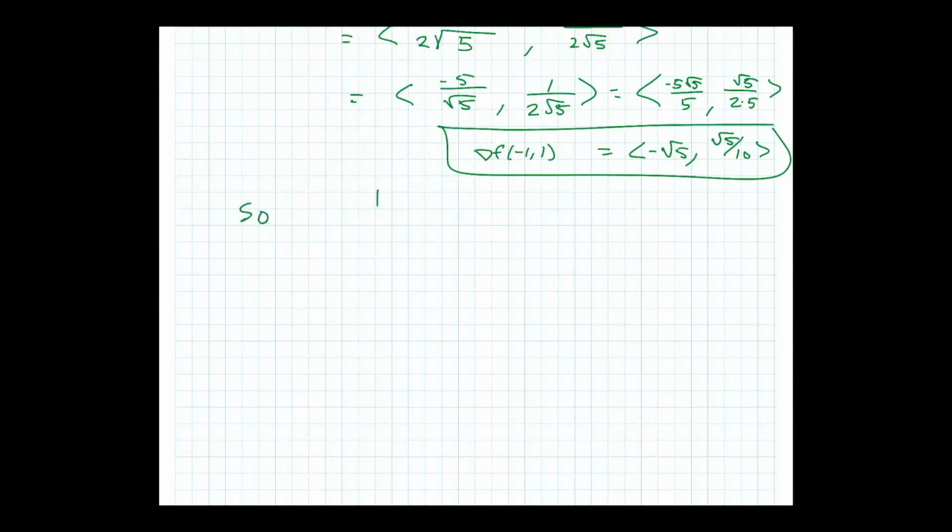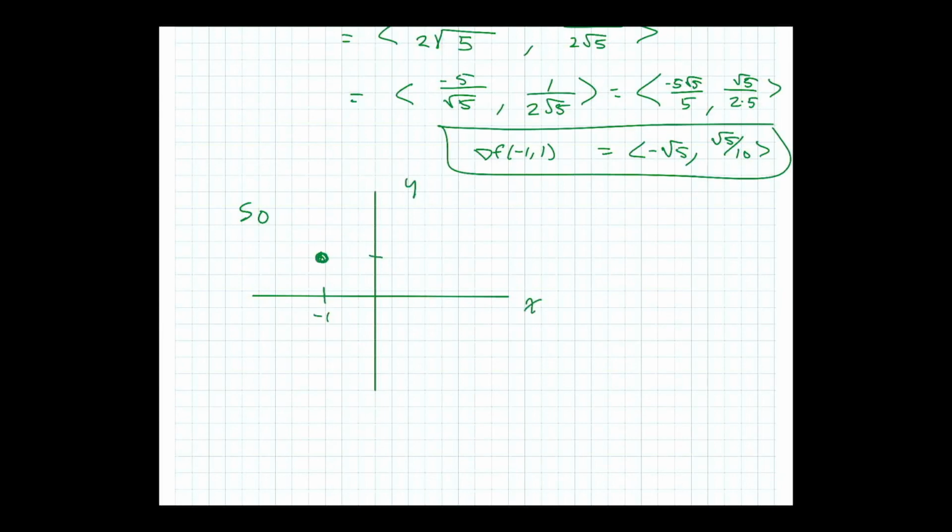What you've got going on is negative 1 comma 1 is a point on the xy plane. So you got this point, negative 1 comma 1. Now then you've got this direction. That's the gradient vector.